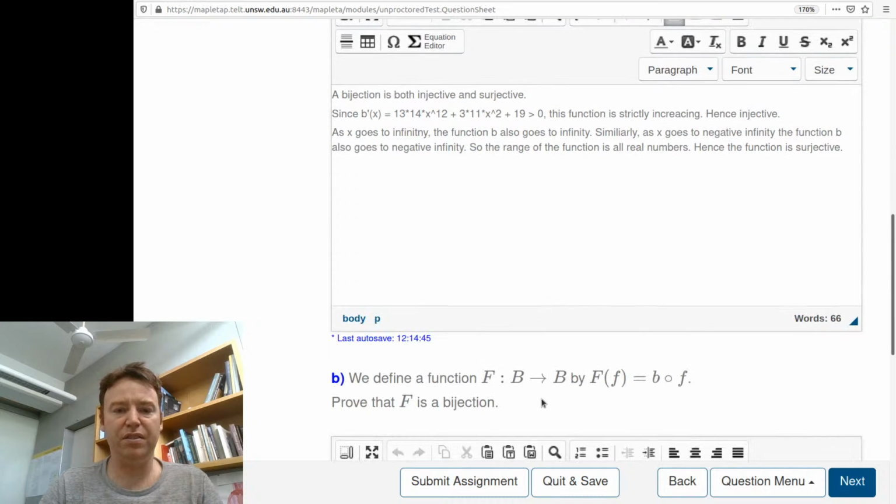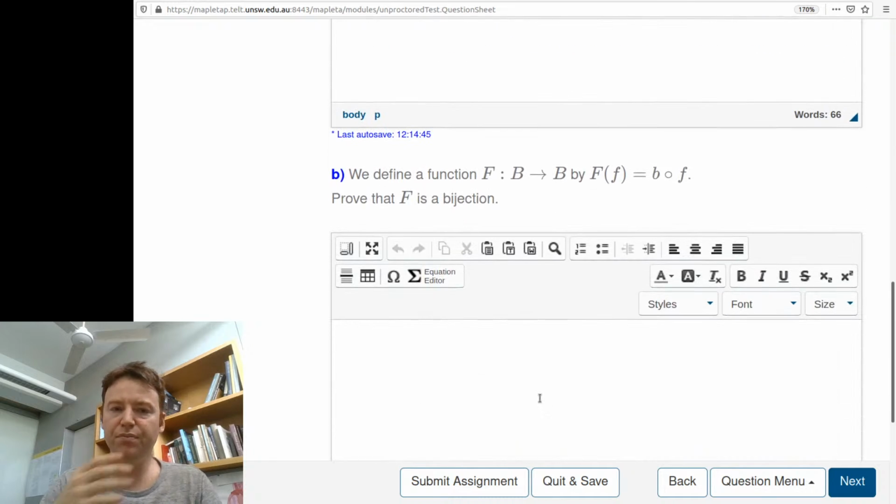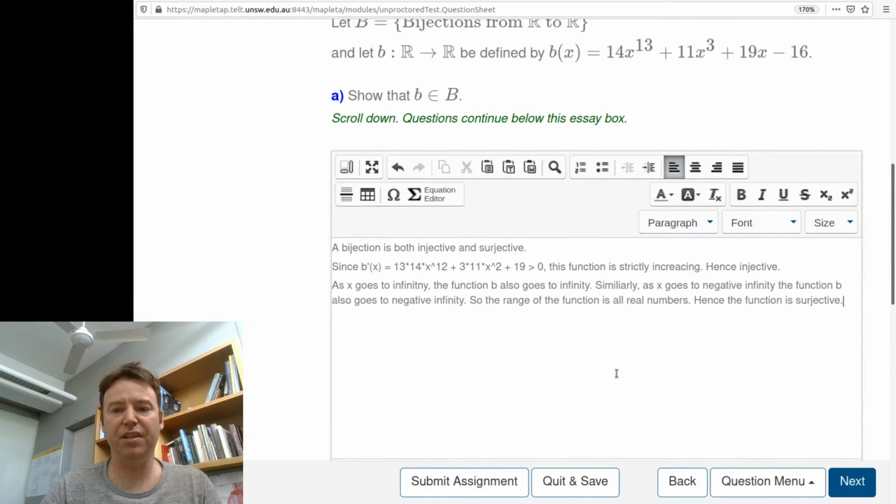And let's see what else they got. Oh, and maybe I'll tie a neat bow in it. Hence the polynomial. And I do want to say something about continuous functions. So the range of the function is all real numbers.